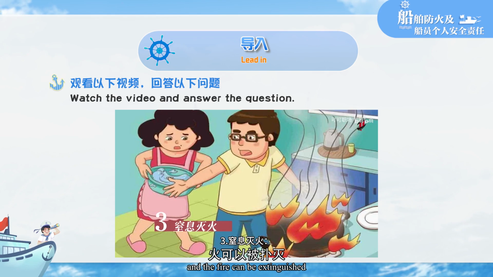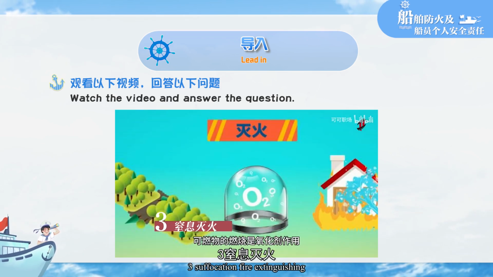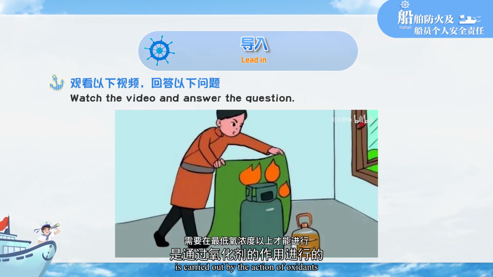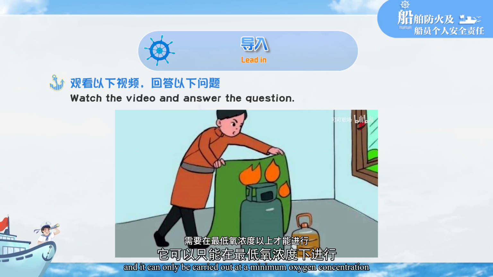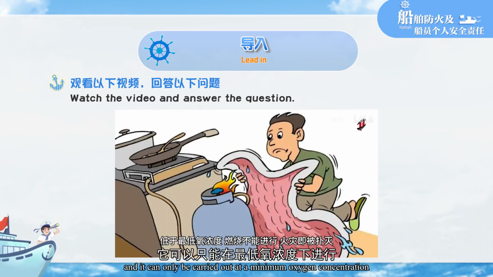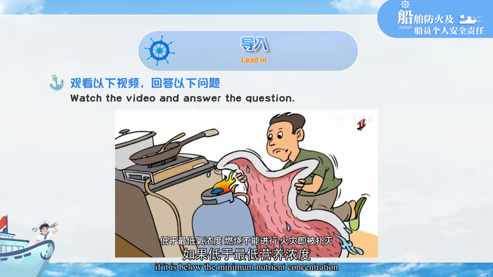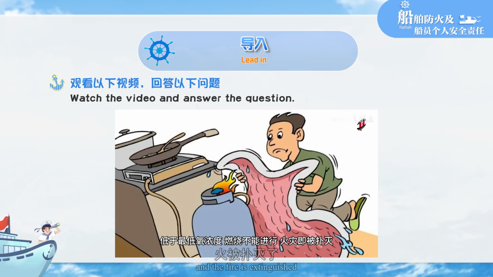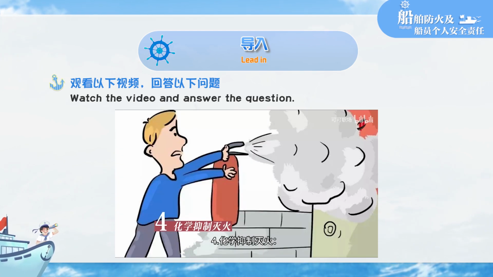and the fire can be extinguished. 3. Suffocation fire extinguishing. The combustion of combustible materials is carried out by the action of oxidants, and it can only be carried out at a minimum oxygen concentration. If it is below the minimum oxygen concentration, combustion cannot proceed and the fire is extinguished. 4.